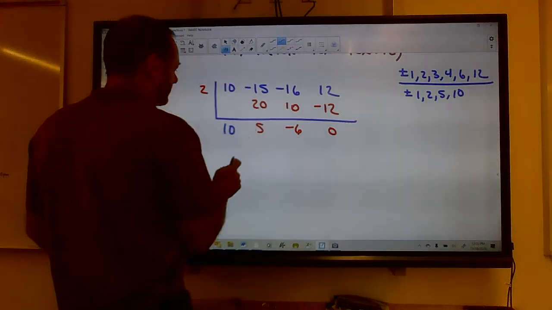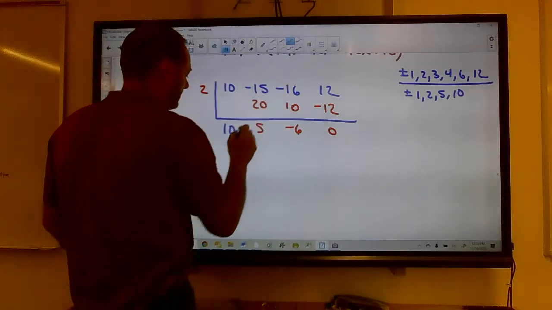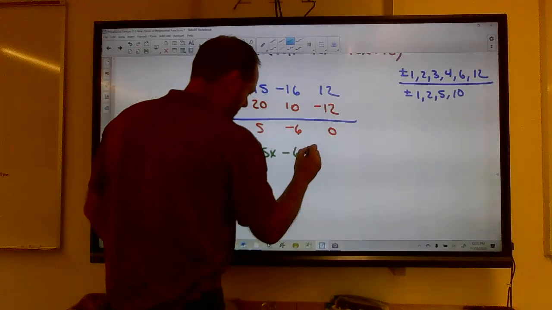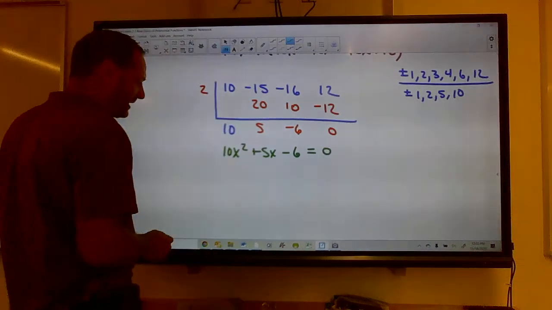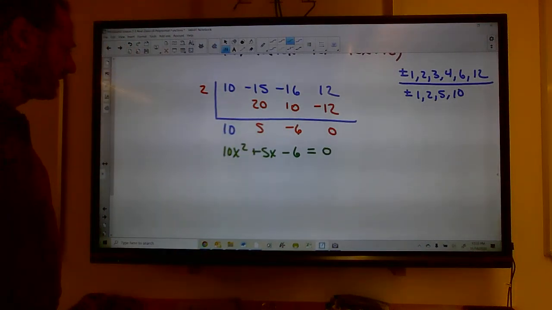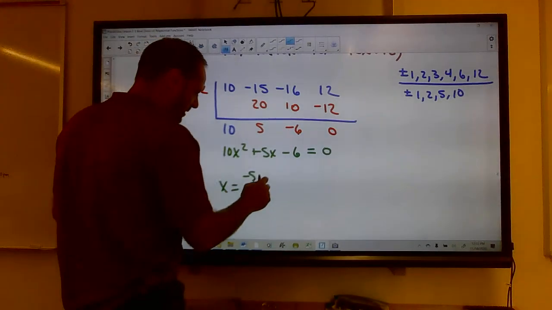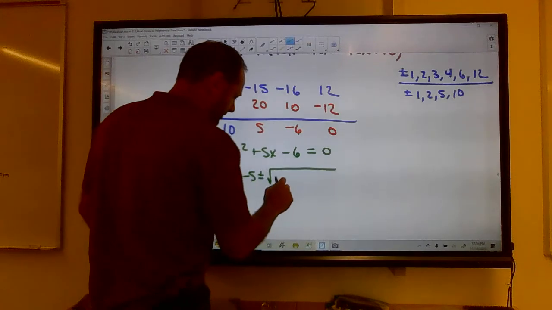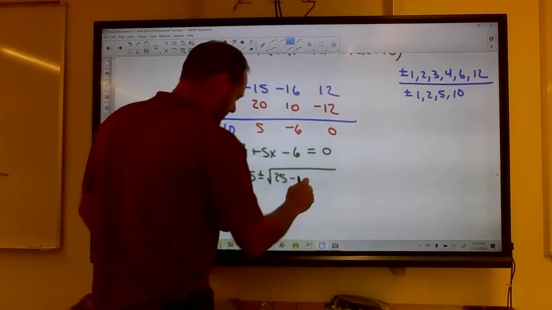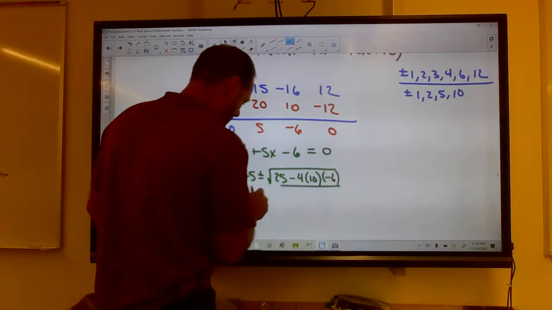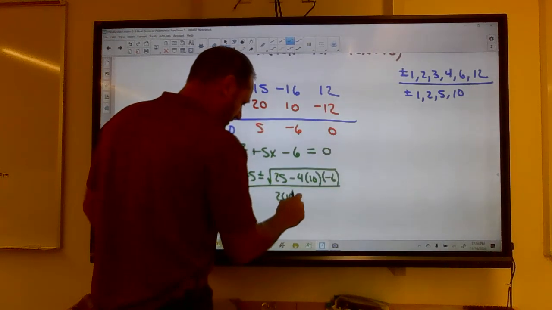I don't want to go through synthetic division and guess this. I'm thinking factoring is not going to be much fun either, is it? I'm probably going to quadratic formula this one. So x equals negative b plus or minus the square root of b squared minus 4ac all over 2a.